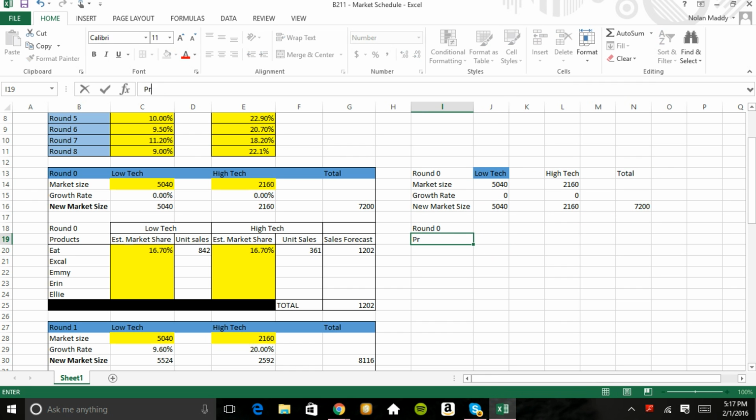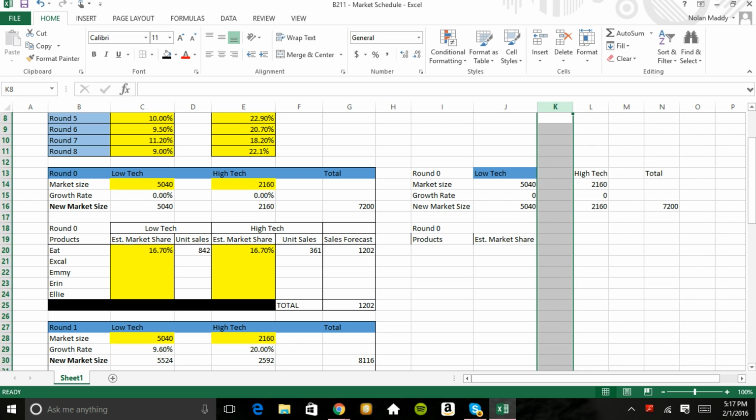Alright, now we're just finding out for our own products. So we have products, and then we have our estimated market share. And this is what we're assuming for the round. So usually we'll say, well, we're going to expect to sell 20% of the market, or like last round we sold 16.7% of the market. That was already given because it's round 0. And in future rounds we're going to have to work as a team to figure that out.